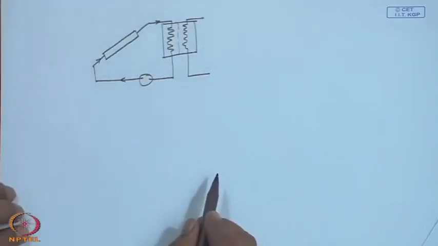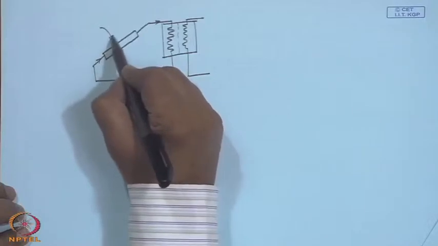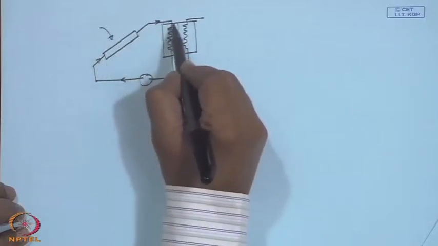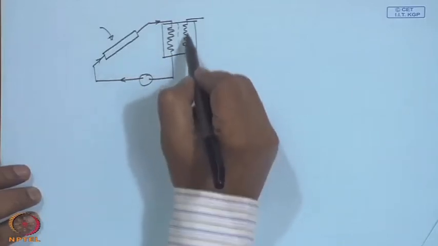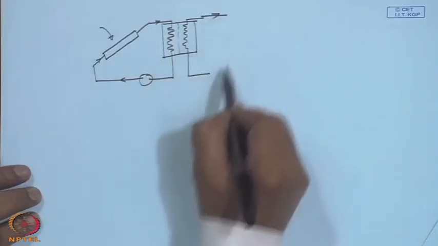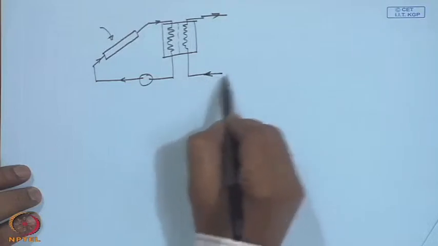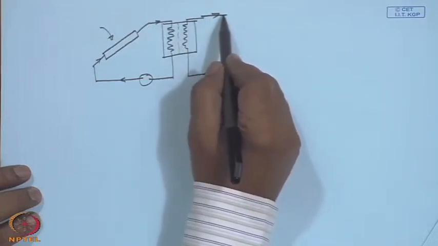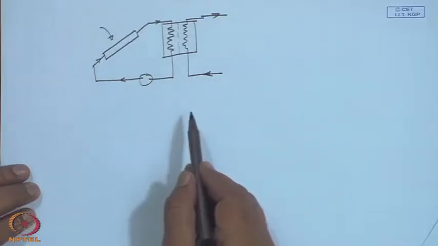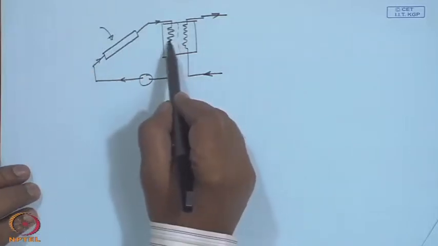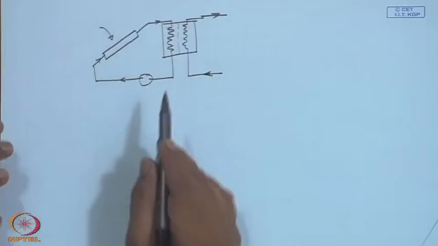In other words, the energy collected by the collector after heating the fluid dumps the energy in a storage tank. From that storage tank you pick up to meet the different loads. The load loop does not interact with the collector loop except through the storage or the heat exchanger.